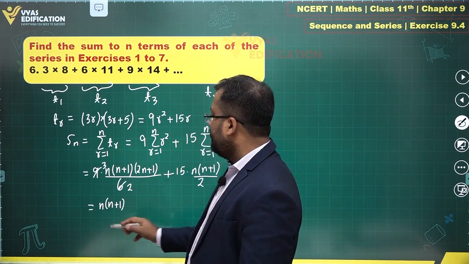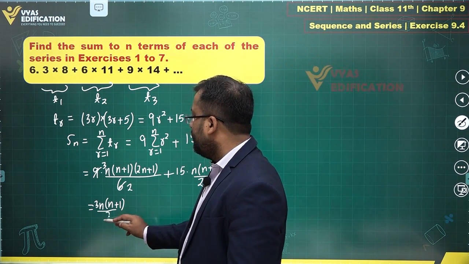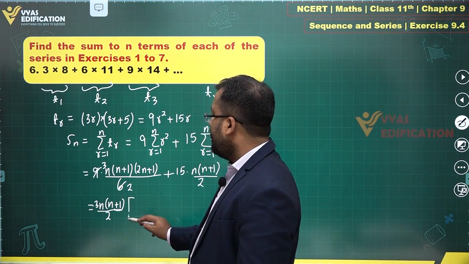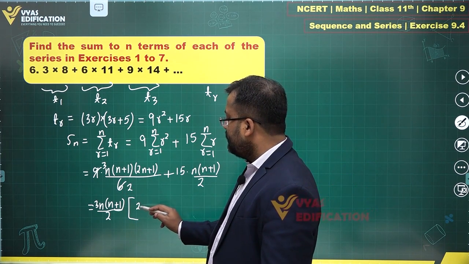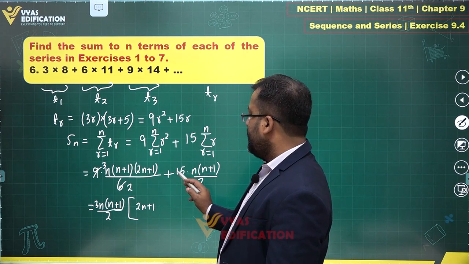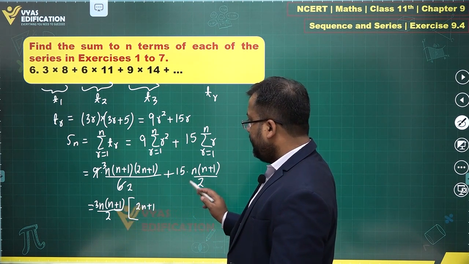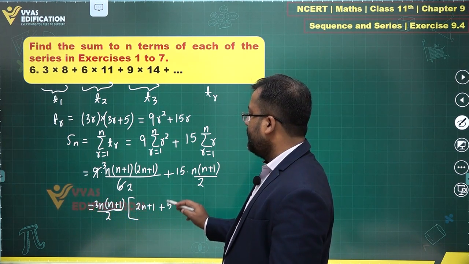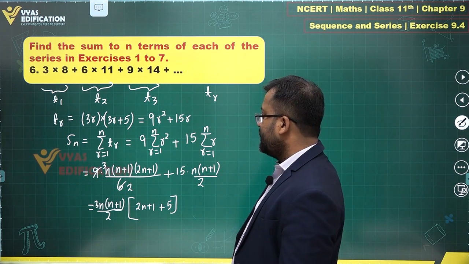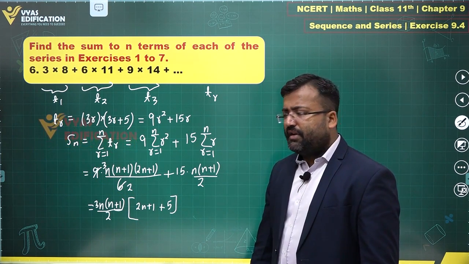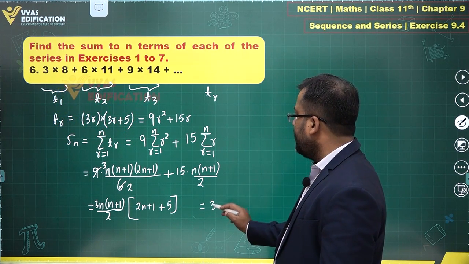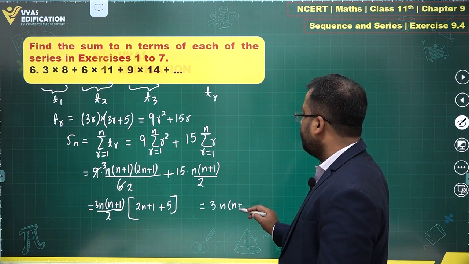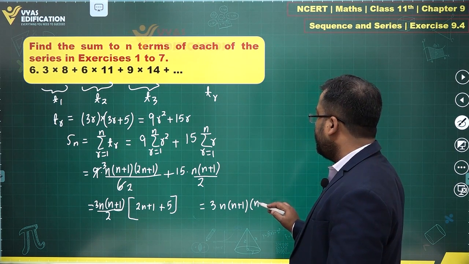And you can also take out 3 common from here. You're left with 2 in the denominator. What happens in the bracket? 3n plus 1 upon 2 goes outside, 2n plus 1 remains. N plus 1 by 2 with 3, so 5 remains from here. This is 2n plus 6. You can take out 2 common. You get n plus 3, 2 gets cancelled. So this is 3 times n plus 1, 2n plus 6, which is left with n plus 3.